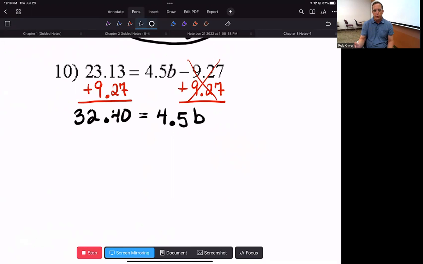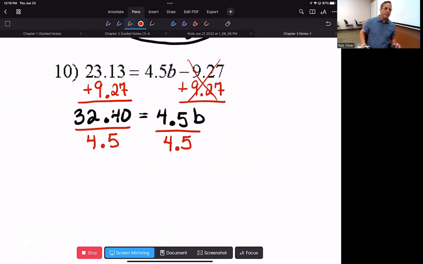Now we're going to divide both sides by 4.5. 4.5, and I think that's 7 something. I can't remember off the top of my head. Sorry. Okay.